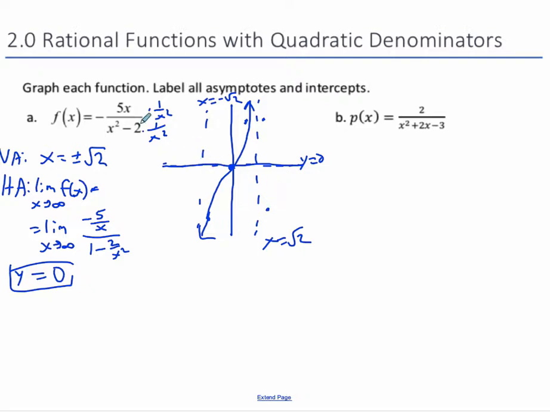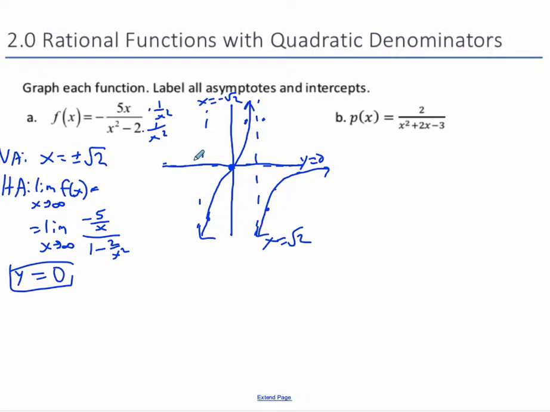And if you plug in like positive 5, you're going to get negative 25 over negative 23. You're going to get closer. You're always going to get a negative number when you plug in a number bigger than root 2, right? So they're going to become smaller and smaller numbers. So you're going to go something like that. And it's never going to become positive, so it's going to approach 0.